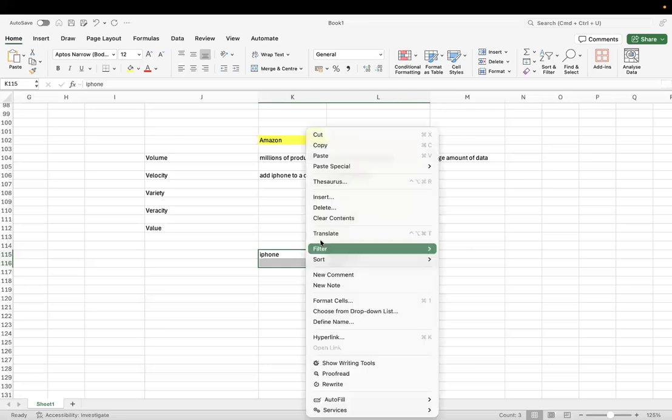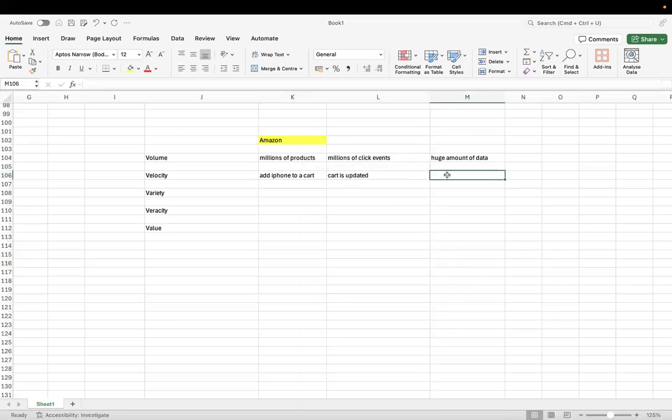It will be added immediately, right? And when you hit place order, the order is immediately placed, correct? So all of this is happening at the speed of light, which talks about velocity, because the cart is getting updated immediately and the order is placed immediately. Immediately means the speed at which the transaction is happening. That is a good example for velocity.